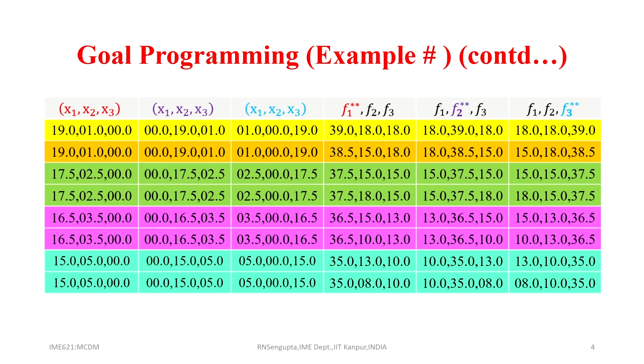Where we closed the last day was this slide, where the top row had different coloring schemes of x1, x2, x3 given in red, violet, blue, and the next 3 column headings were f1 double star, f2, f3; f1, f2 double star, f3; and f1, f2, f3 double star. The coloring scheme of red, violet, blue is clear to you.